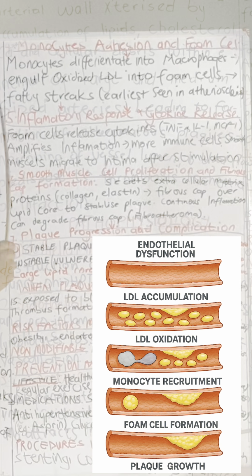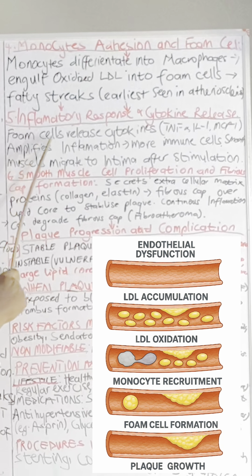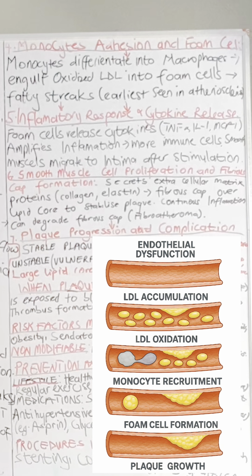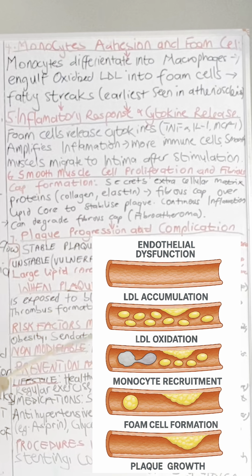This will now lead to monocyte adhesion and foam cell formation. Inflammatory response and cytokine release follows. And there is smooth muscle cell proliferation, and then fibrous cap formation. After that, you will have plaque progression, which usually leads to a complication.